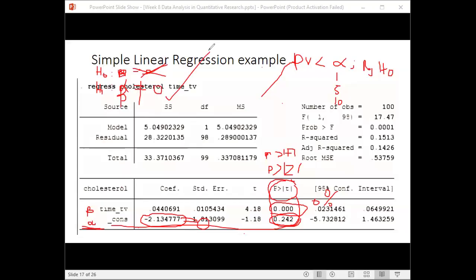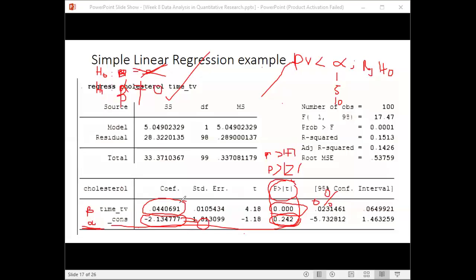So statistically, the value you see here as 0.0440691 is actually not zero. Then it gives you the go-ahead to explain how it affects the dependent variable.